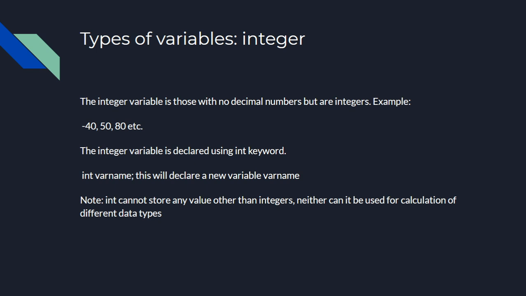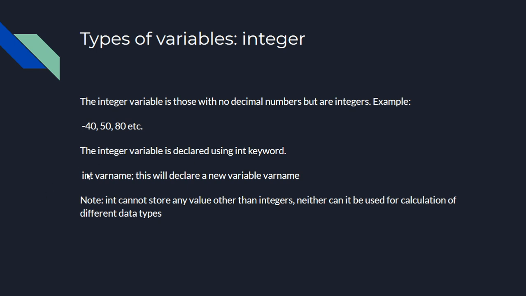The integer variable is declared using the int keyword. The int keyword is actually the abbreviation of integer. You can remember it by that. To declare a variable of integer data type, you have to write this statement: int, then the identifier name, which is var name in this example.